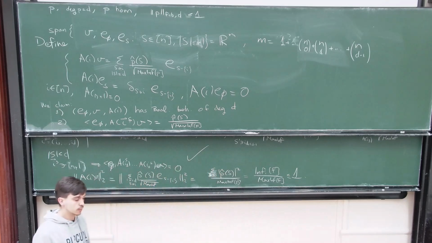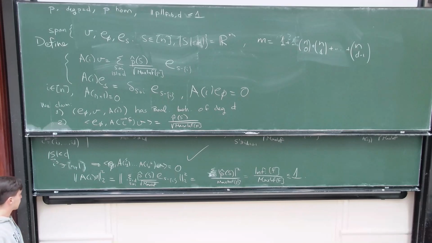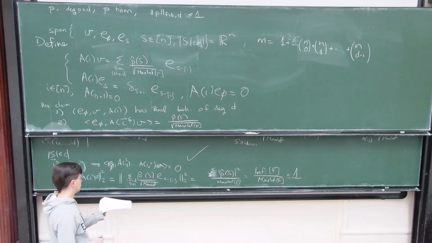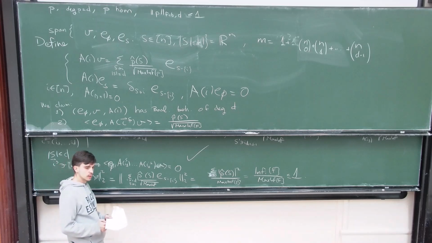Just to be clear, this A_i V, mapping from, I mean, A_i V is not also orthogonal to A_i E_S, right? A_i E_S versus A_i E_S' are orthogonal, but it's not orthogonal to A_i V. It's not, but it's practically orthogonal.